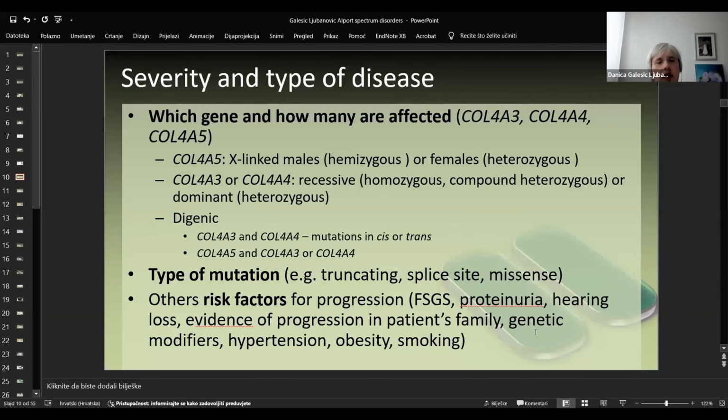Some patients can also have digenic mutation. Additionally, the type of mutation and other risk factors for progression of disease are important. I will talk about that later, but we can mention that the risk factors for progression with the same mutation are focal segmental glomerulosclerosis and proteinuria.